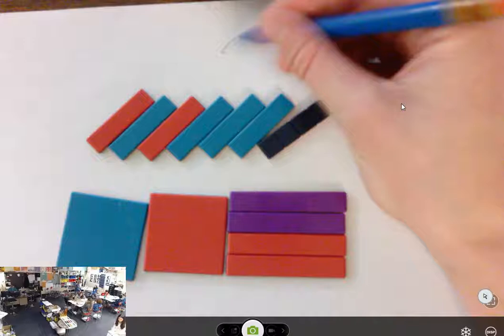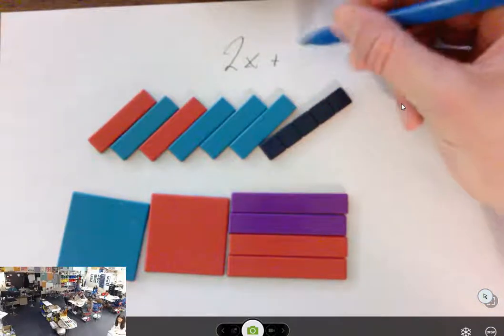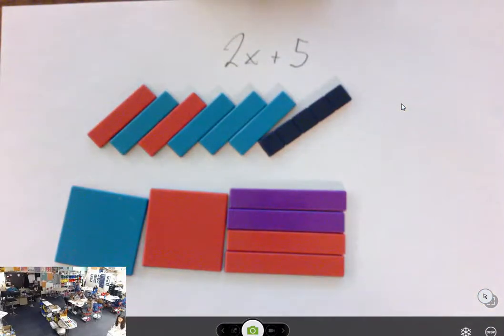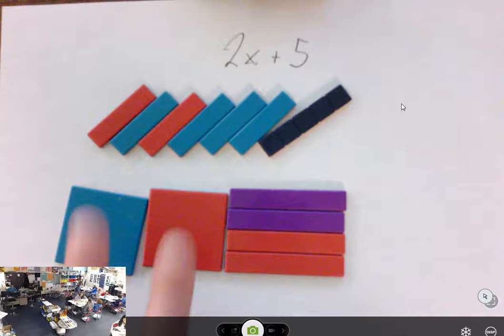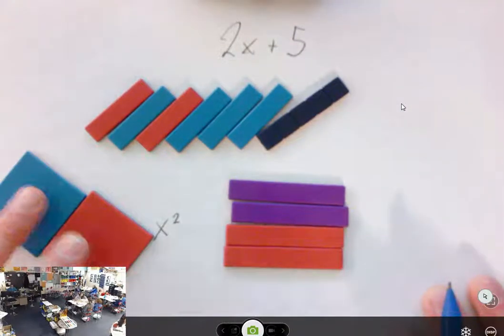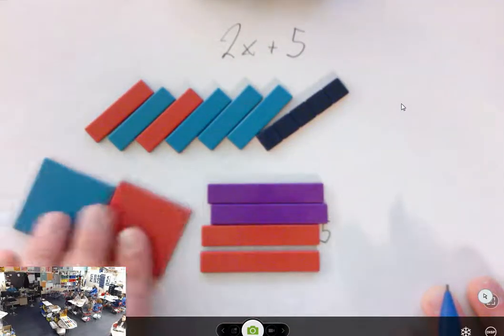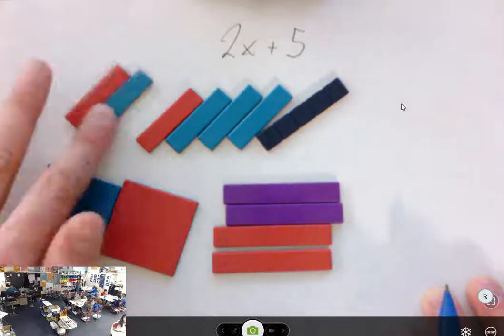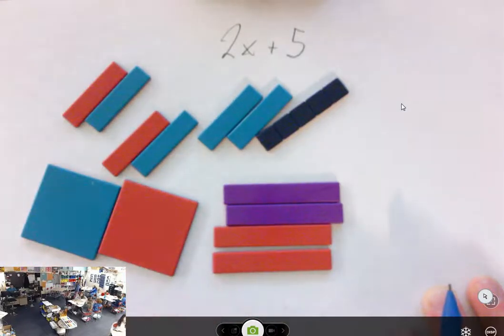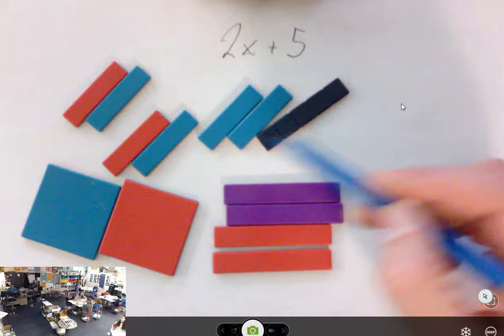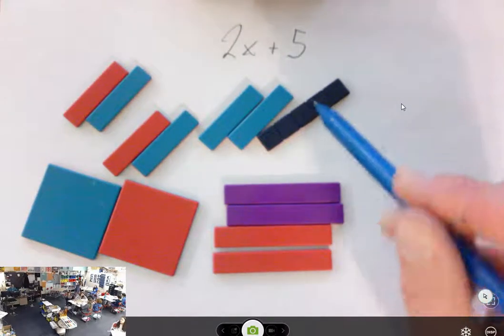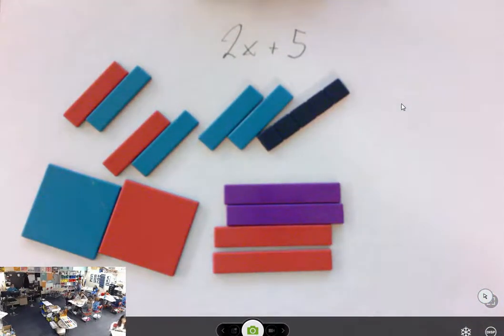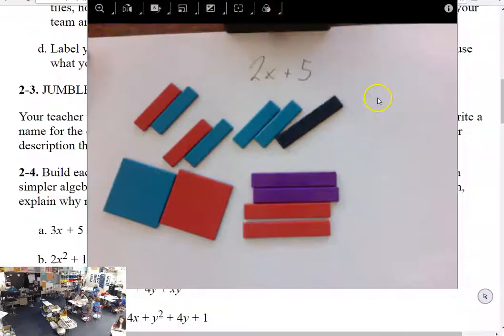You're saying 2x plus 5? How'd you get that? Everything cancels except for this group right here. Are we understanding this visually? Okay, wonderful.